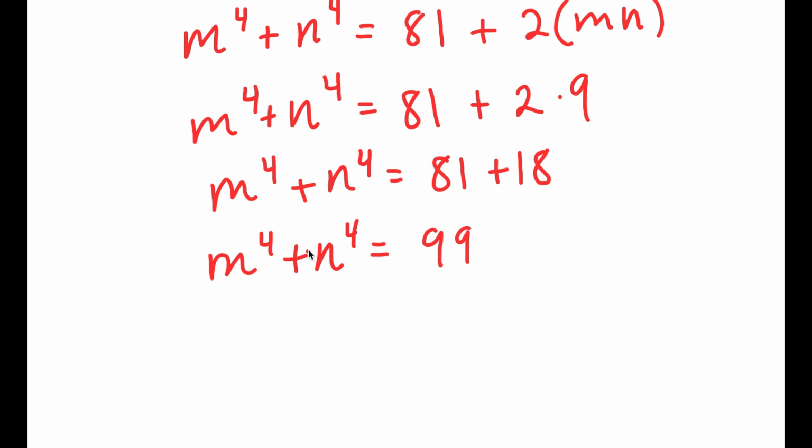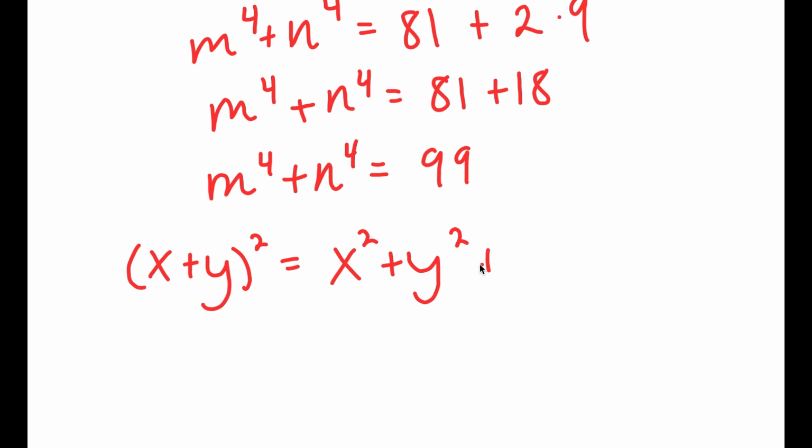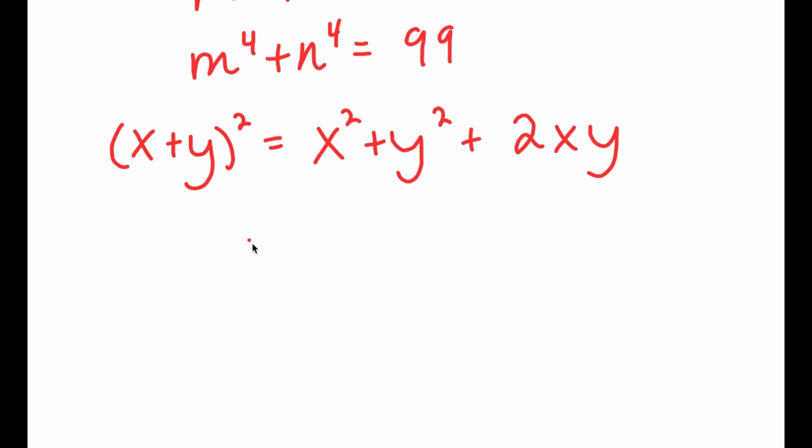So now if I have something in the form (x plus y) squared, this is equal to x squared plus y squared plus 2xy. So in this case, I'm going to let x equal m squared and y equal n squared.